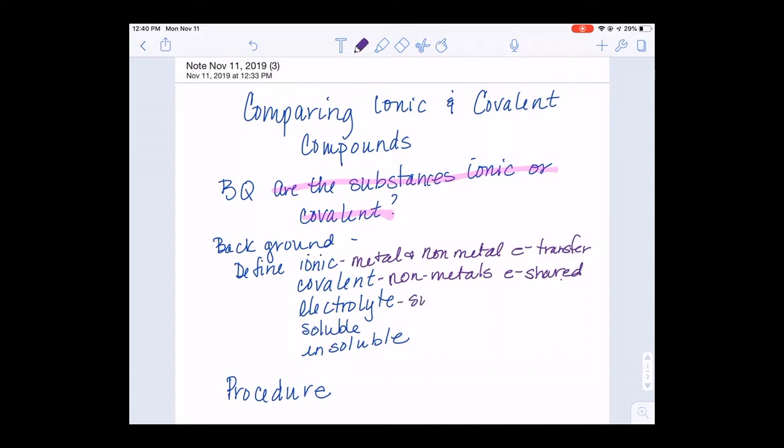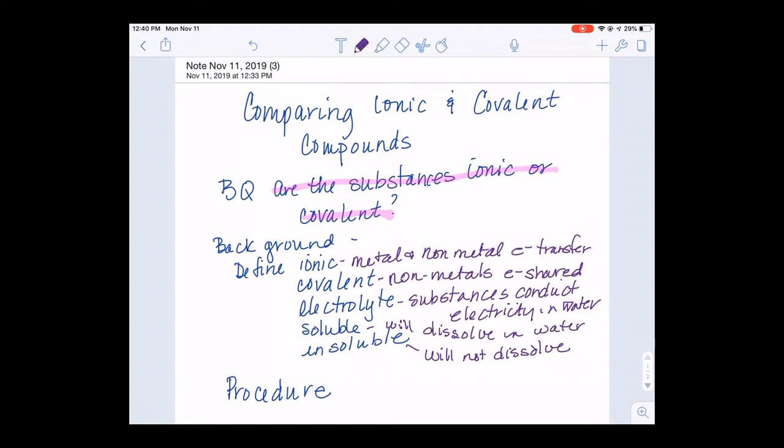Electrolytes are substances that will conduct electricity in water. Soluble means something will dissolve in water, and insoluble means it will not dissolve in water.